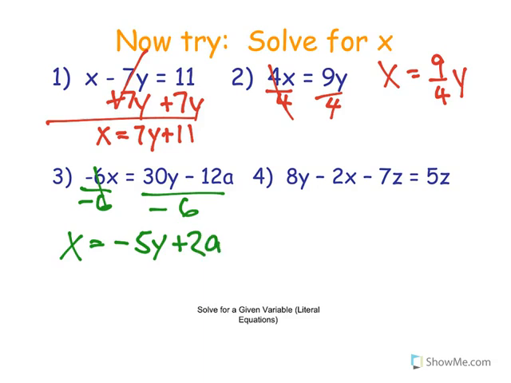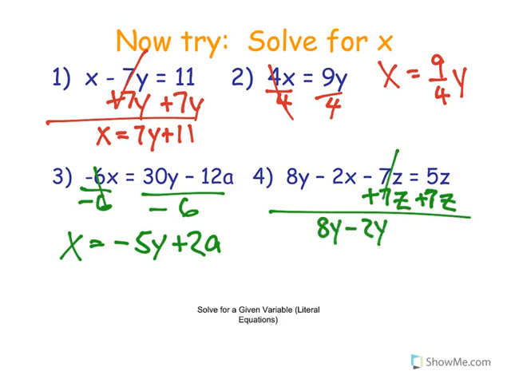And then for the last one, there's a bunch of things we have to do. If I'm solving for x, I need to move both of these terms. So I need to move the z term, which I'll put here, since we do have a like term there. And I'm also going to have to move the y term. So that's going to leave me with 8y minus 2x is equal to 12z.